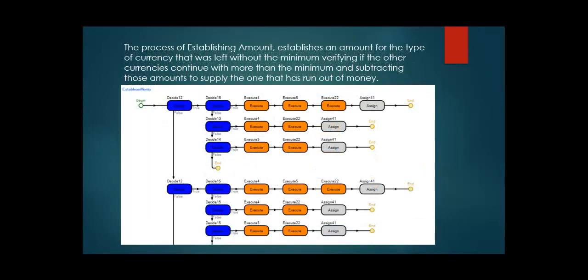The process of establishing amount establishes an amount for the type of currency that was left without money, verifying if the other currencies continue with more than the minimum and subtracting those amounts to supply the one that has run out of money.